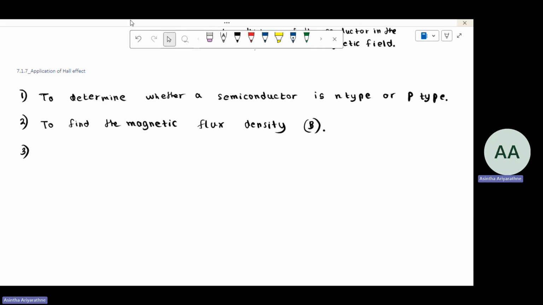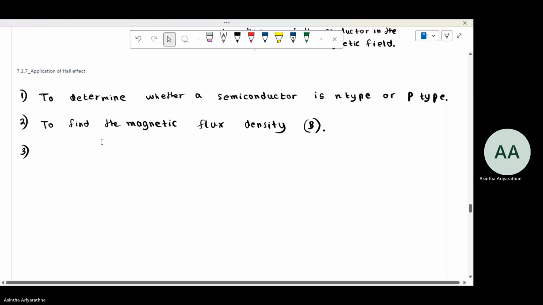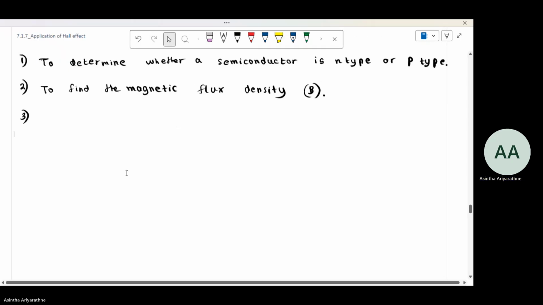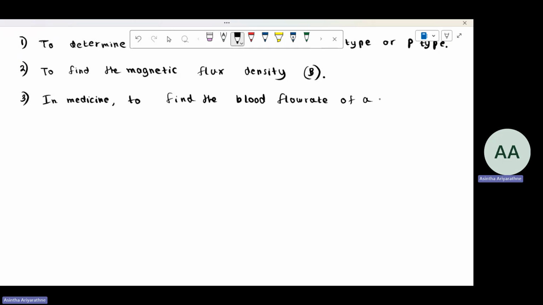Another application is in medicine, to find the blood flow rate of a patient.